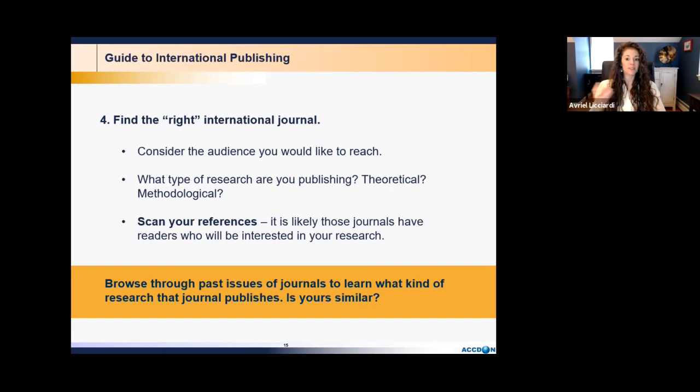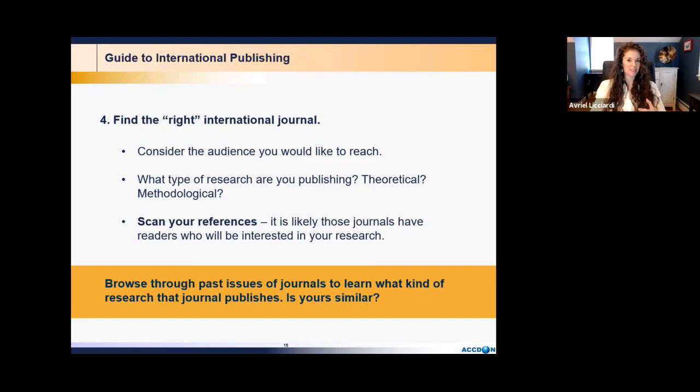Another question is, what type of research are you publishing? Is it mostly theoretical? Is it methodological? Is it quantitative or qualitative? That's something that you should identify, and then review the journal's aim and scope to see if your work fits in with their mission statement. A main tip here is to scan your references or your literature cited.